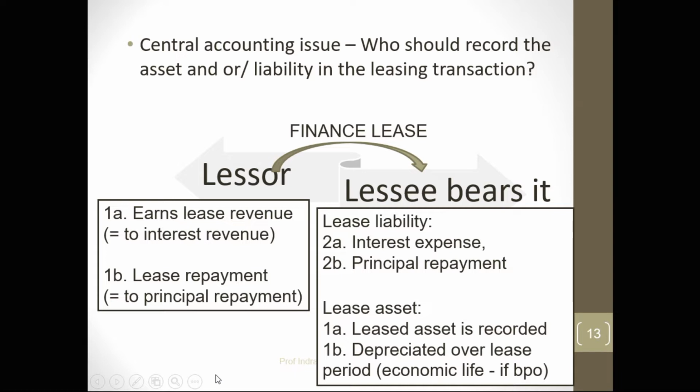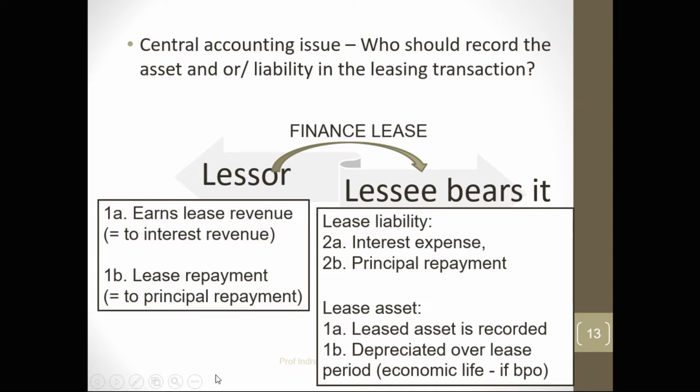The lease liability is the obligation. We take the principal on that. We will then record the principal repayment and the interest expense periodically.